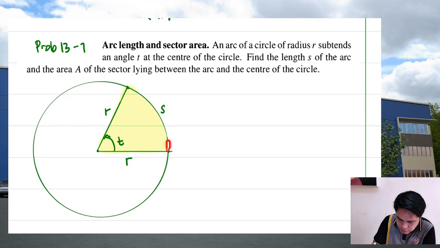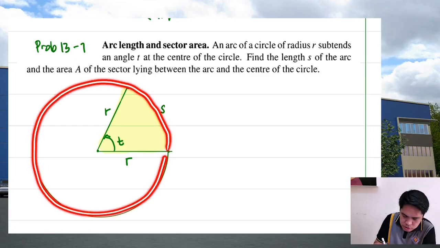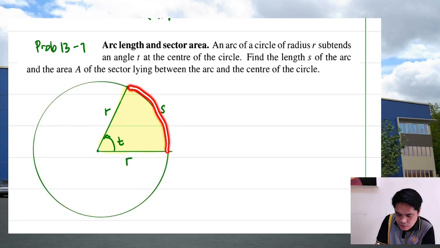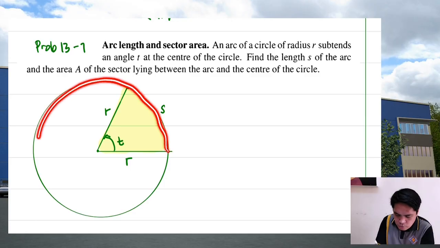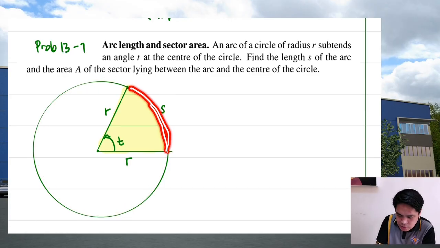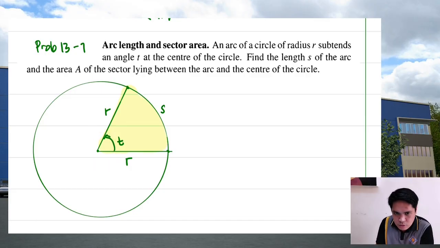If we want to find S, we compare it to the whole circumference, because S is just a portion of the whole circumference. So S is to the whole circumference as angle t is to the whole subtended angle for the circle. Okay? So pwede natin gamitin yung ratio or proportions na yon.